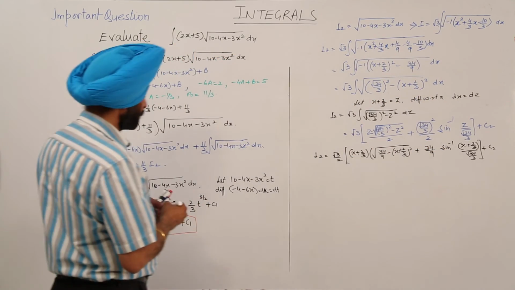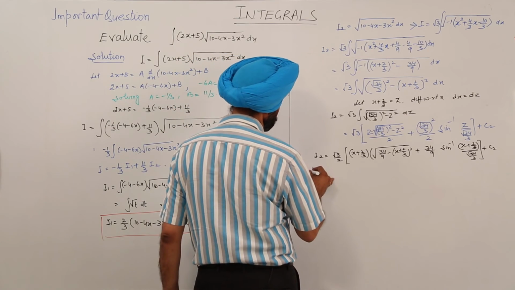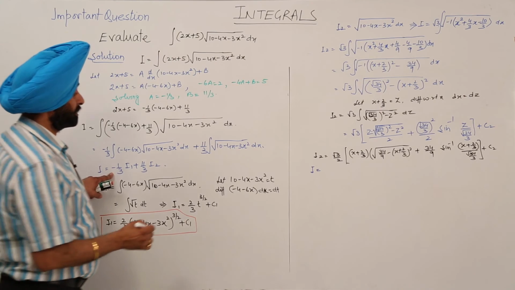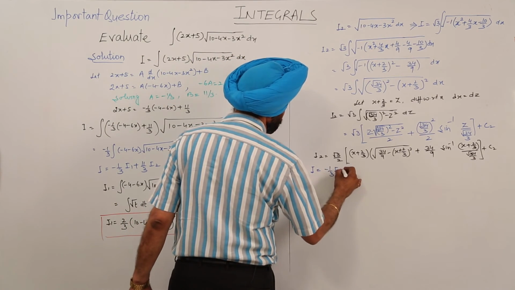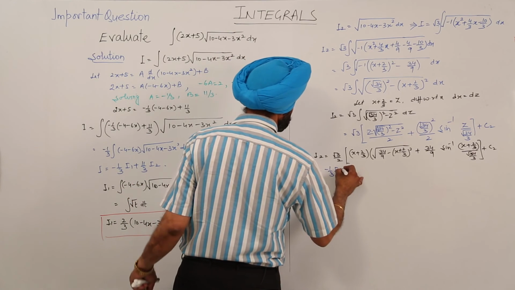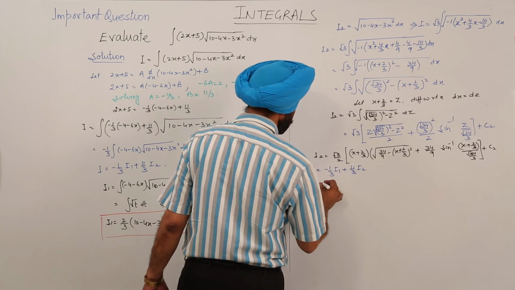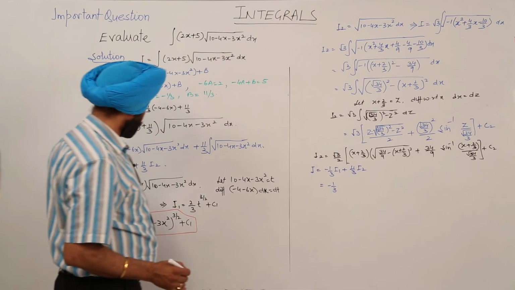Now let's put in the final value. We had -1/3 I1 plus 11/3 I2.